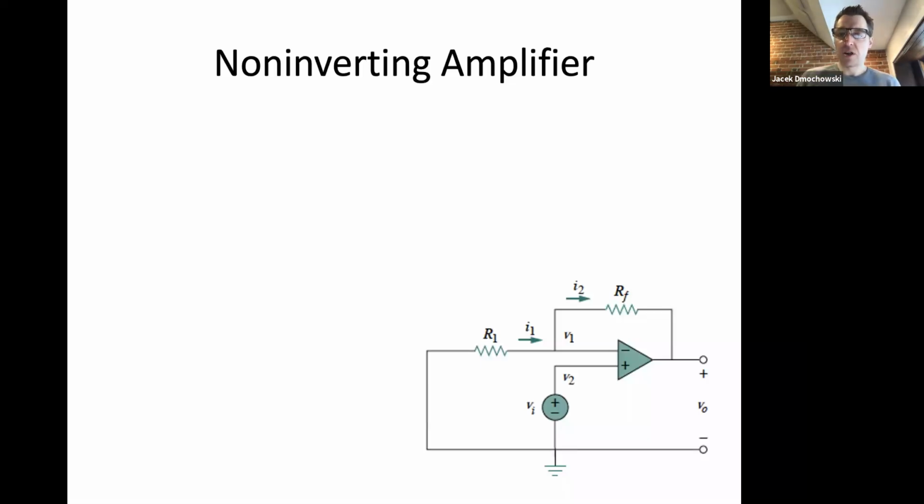Non-inverting is, so basically an op amp can function to do different operations. If you have one voltage and connect it to the inverting input, that is called an inverter. If you have one input and connect it to the positive input, that's called a non-inverting amplifier.